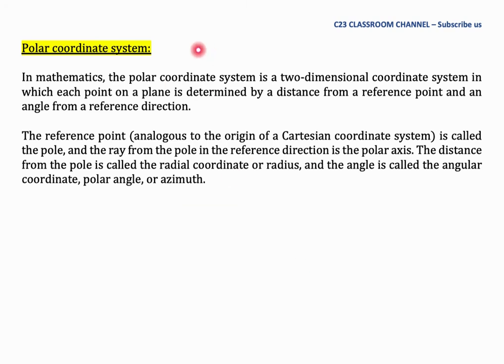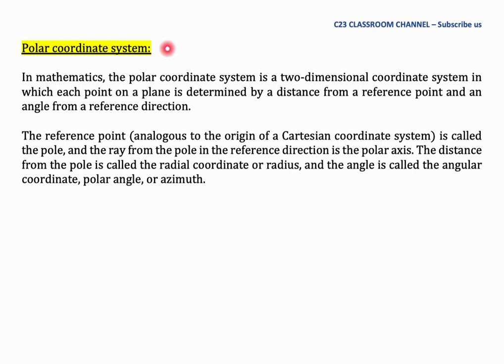So this is the second system that is used in this lesson. It's called the polar coordinate system. In mathematics, the polar coordinate system is a two-dimensional coordinate system in which each point on a plane is determined by a distance from a reference point and an angle from a reference direction.